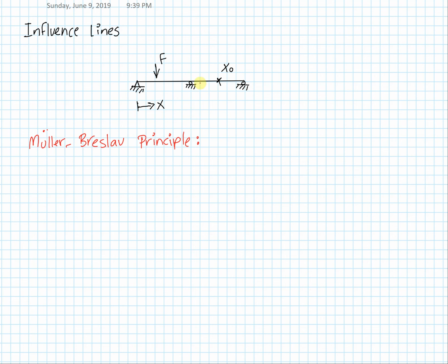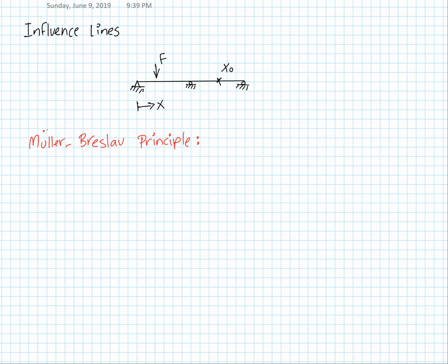What the Muller Breslav principle states is that to determine the internal forces of a structural system, we need to assume some sort of alternative internal connections at the location of interest, like the x naught position, and to use the deflected shapes to guide the influence lines. So we're introducing some hypothetical internal connections, and we see how the structural system deflects due to these new internal connections, and then we simply obtain our influence lines. And here I'll show you how this process is done.